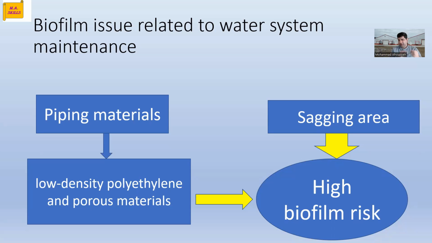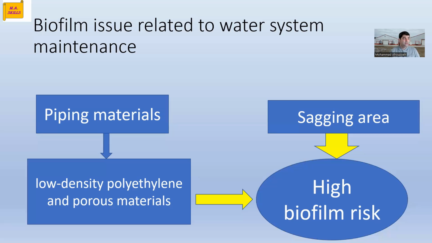It means that if you feel inside the water line, it's not really smooth enough. And especially if you use a magnifier, you can see it has a porous texture, and it's a good place to build biofilm. So you are putting your water system at risk of biofilm.